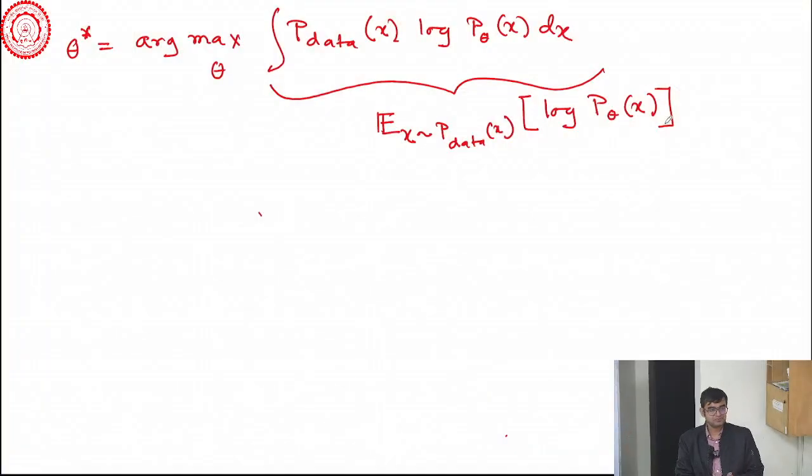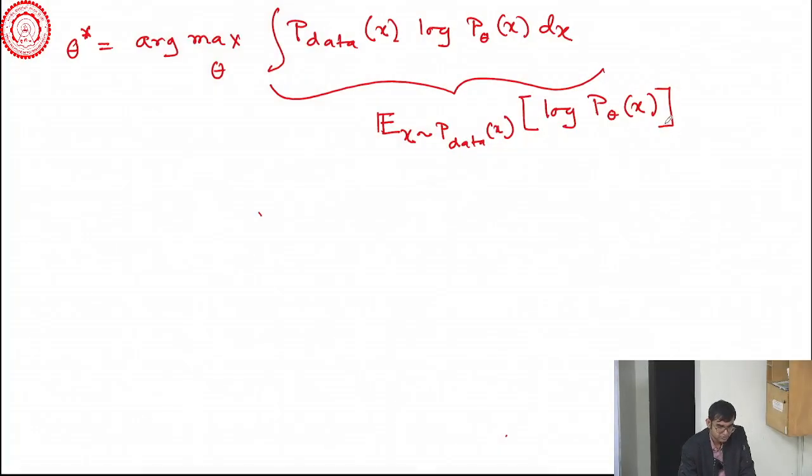Using law of large number, this expectation we are going to represent using the training samples in a discrete form using summation. Any expectation can be represented using samples in a summation form. That is what law of large number allows us.